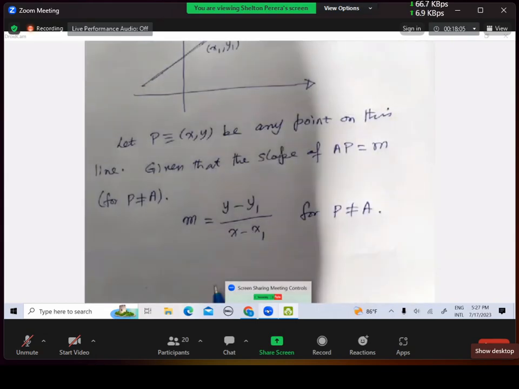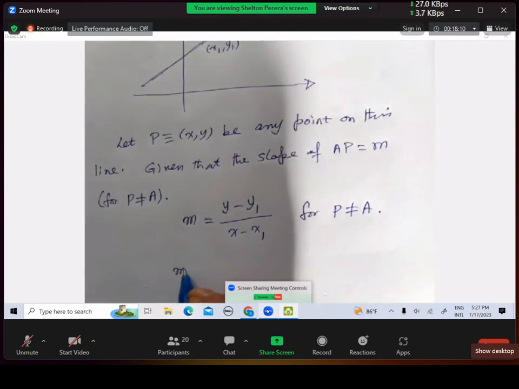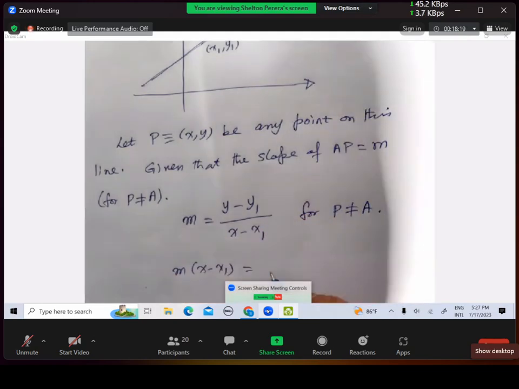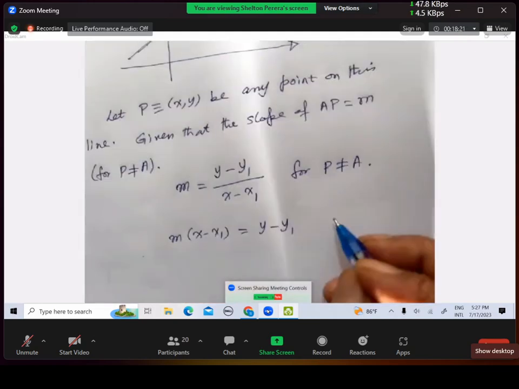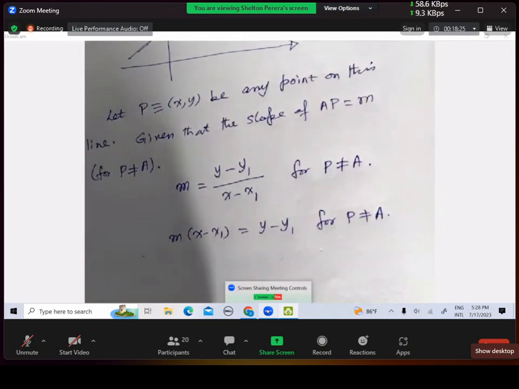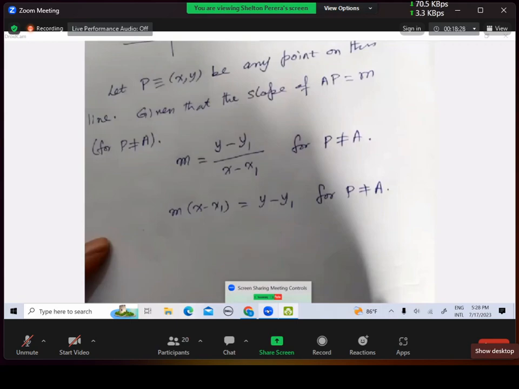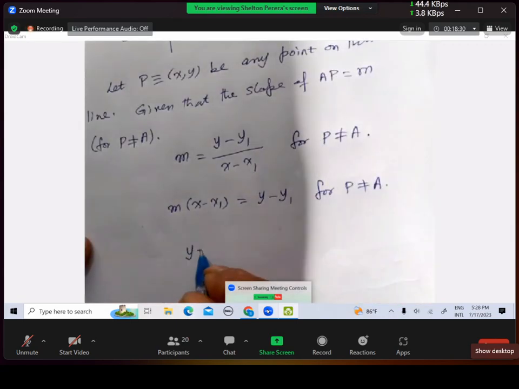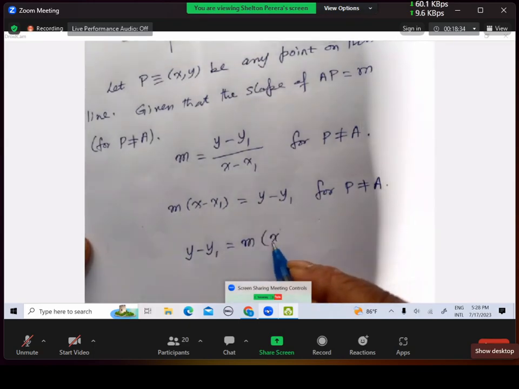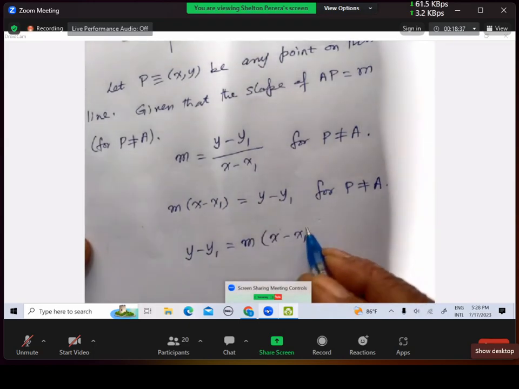Cross multiply and switch sides. If you cross multiply, m times x minus x1 is equal to y minus y1, for P not equal to A. So switch sides and write y minus y1 equals m times x minus x1.